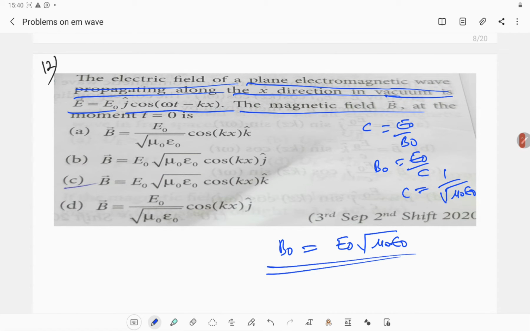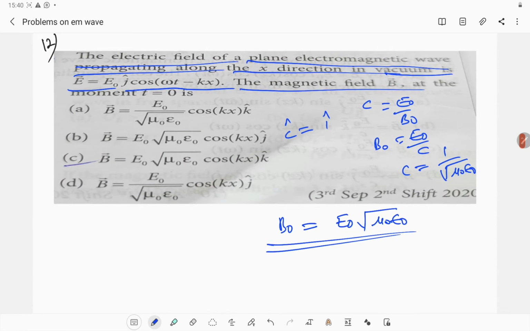Here, the electric field vector is given as omega t minus kx. Since the minus sign is given, the wave is traveling in the positive x direction, therefore C cap is equal to I cap.